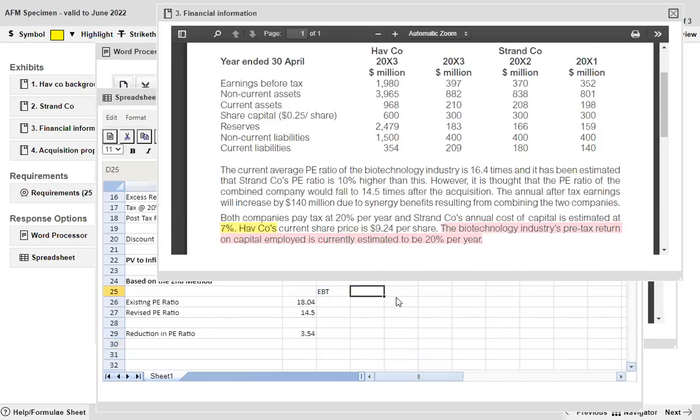The earning before tax and then the tax expense and the earning after tax and then synergy. So earning before tax right now is 397. The tax is going to be this, the earning after tax is going to be this.